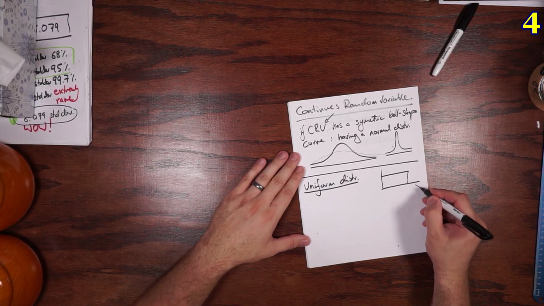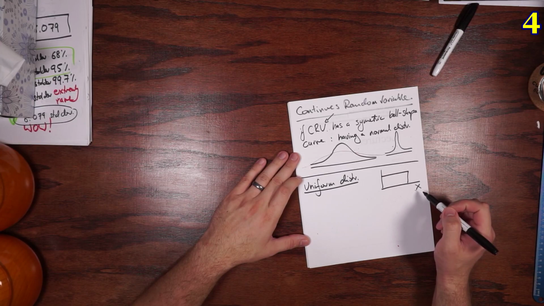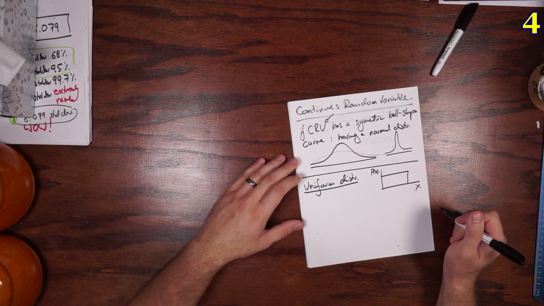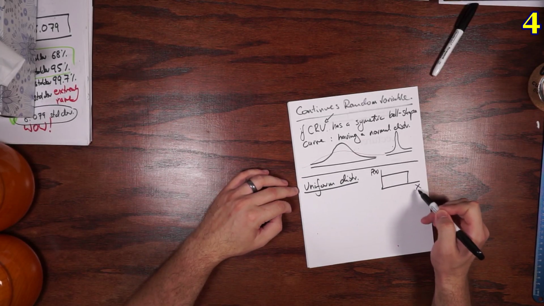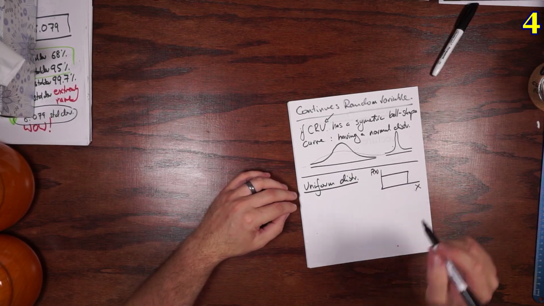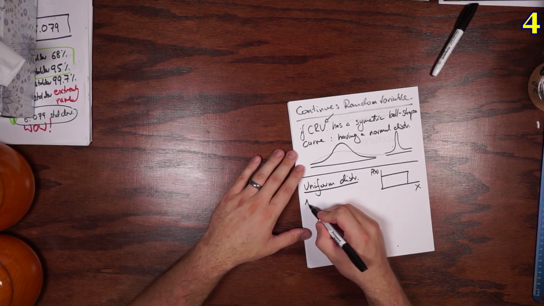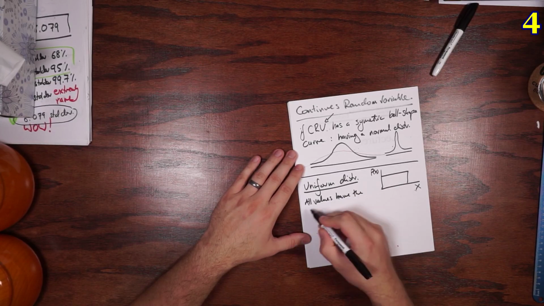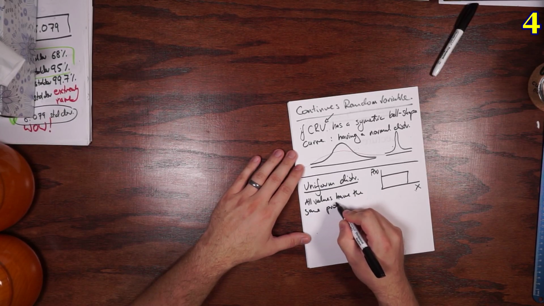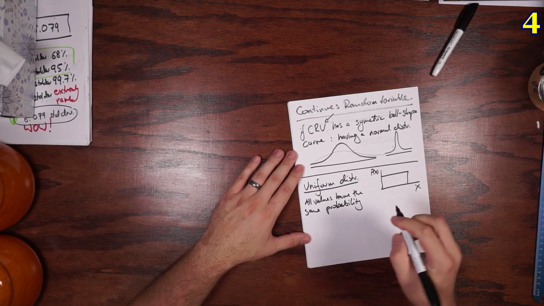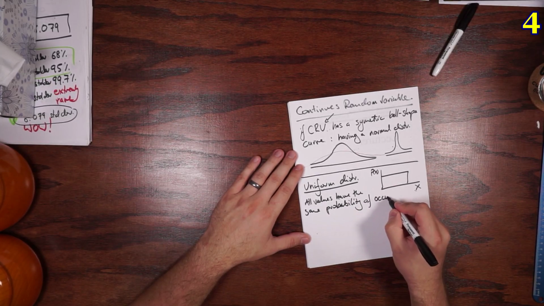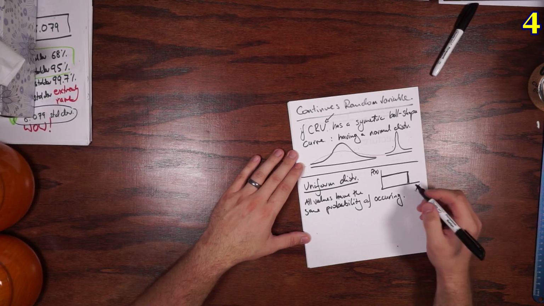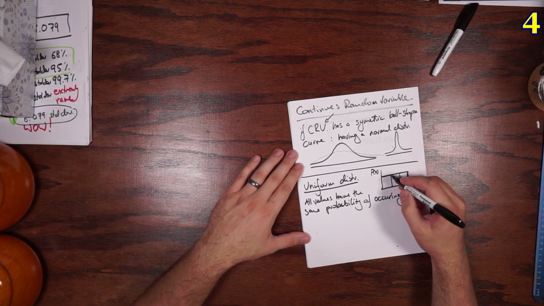Well, it means that if we have our values for the random variable on the x-axis, and the probability of each one of those values on the y-axis, then in a uniform distribution all values have the same probability of occurring.